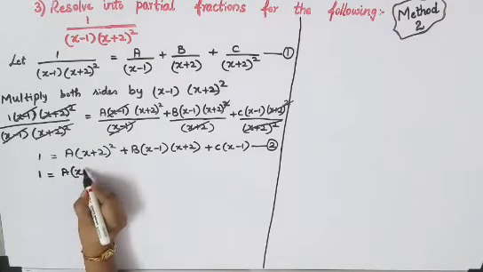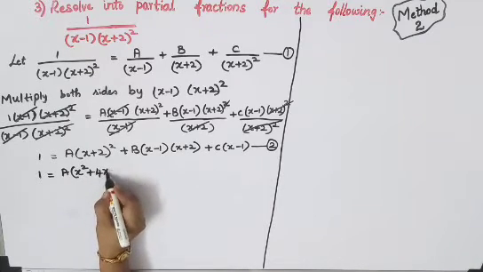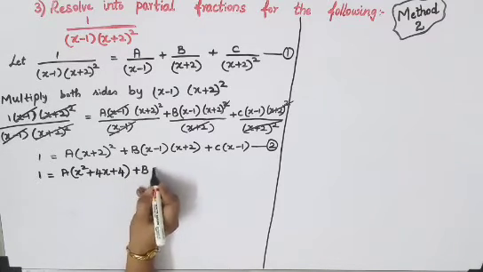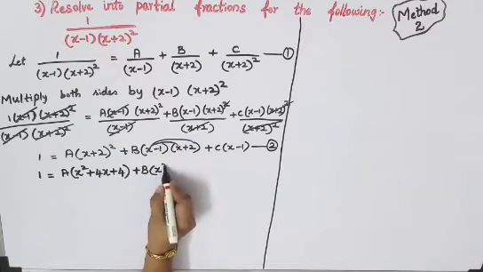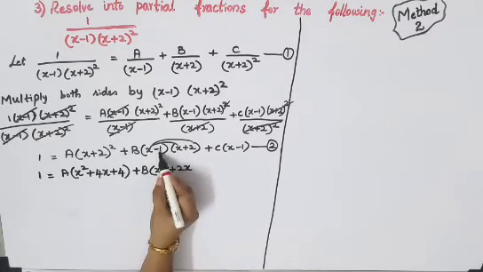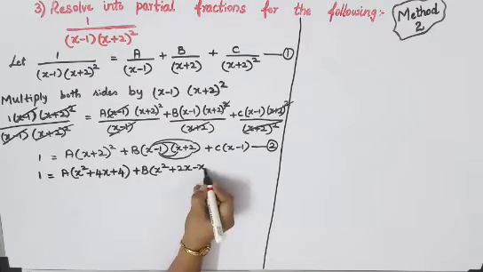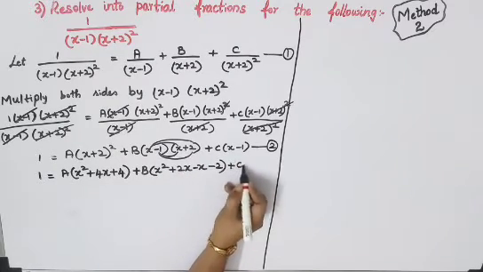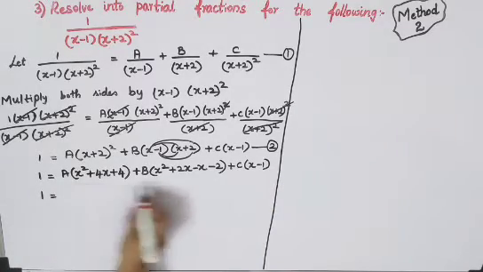So you'll get x square plus 4x plus 4, plus b into (x minus 1)(x plus 2): x into x is x square, x into 2 is plus 2x, minus 1 into x is minus x, and minus 1 into 2 is minus 2, plus c into (x minus 1).